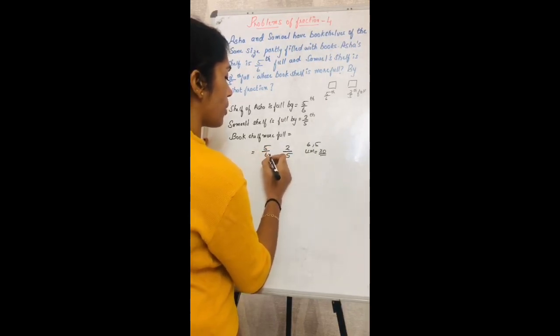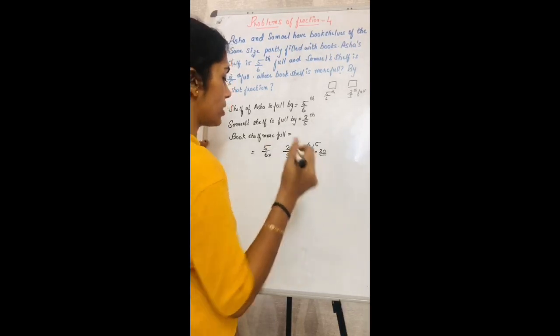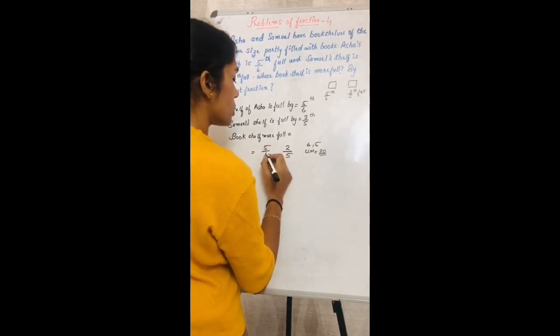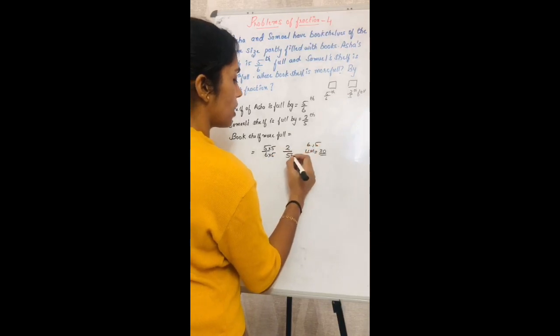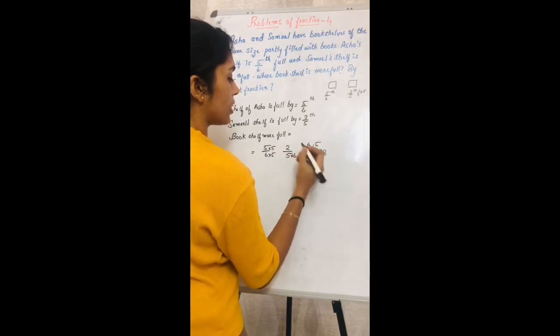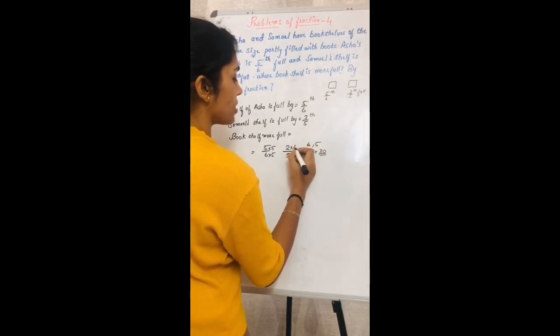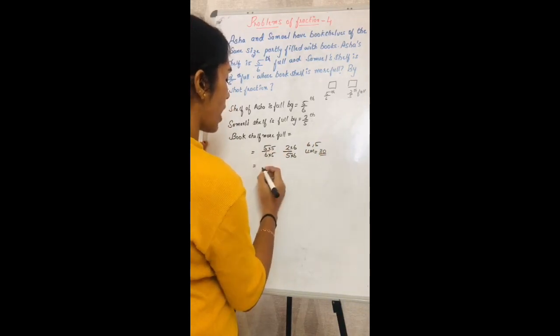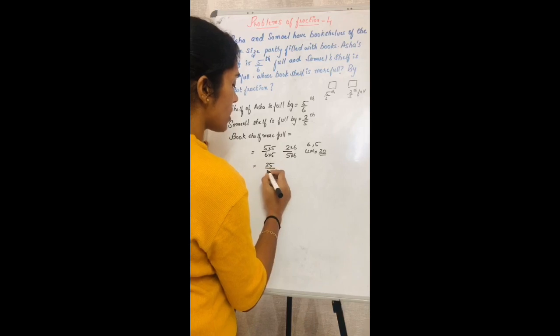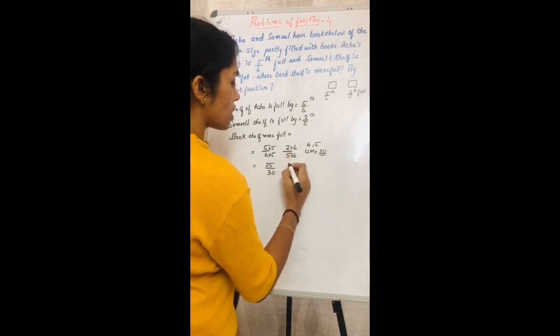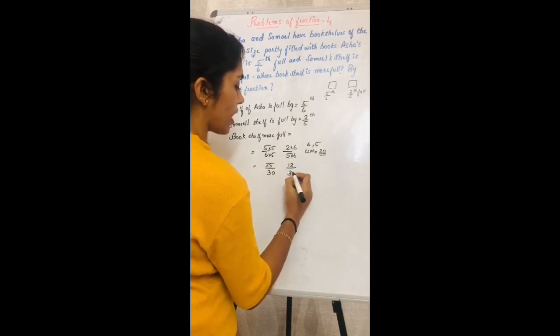You have to make the denominator the same, 30. So 6 5s are 30, so that you also have to do with the numerator. And here 5 6s are 30, so you have to multiply 2 by 6. So take down the fractions. 5 5s are 25, 6 5s are 30. 6 2s are 12 and 5 6s are again 30.